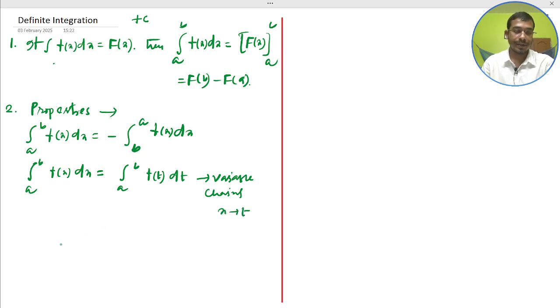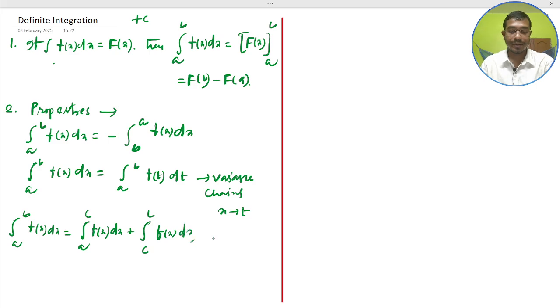Next, the integral from a to b of f(x) dx is equal to the integral from a to c of f(x) dx plus the integral from c to b of f(x) dx, for a less than c less than b.